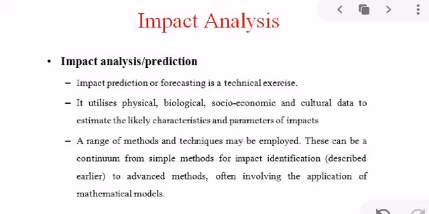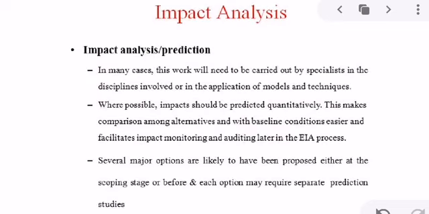A range of methods and techniques may be employed. These can be a continuum from simple methods for impact identification, as we discussed earlier, to advanced methods, often involving the application of mathematical models. In many cases, this work will need to be carried out by specialists in the disciplines involved or in the application of models and techniques.